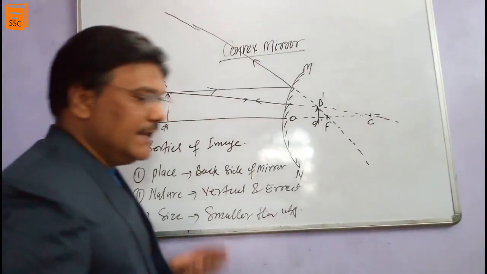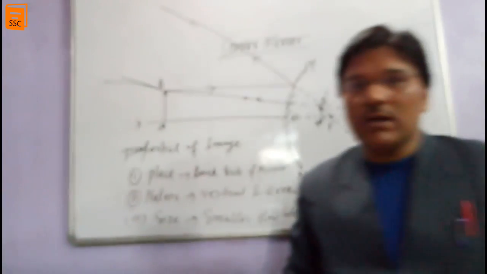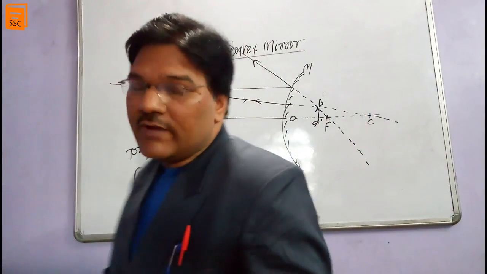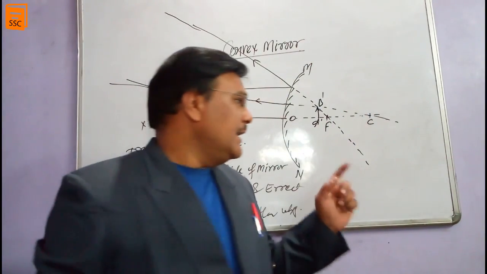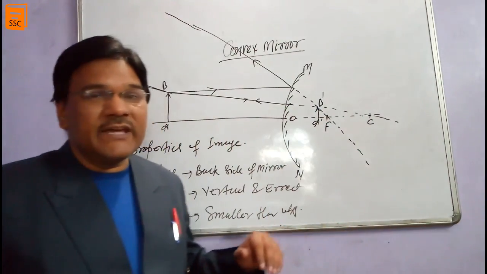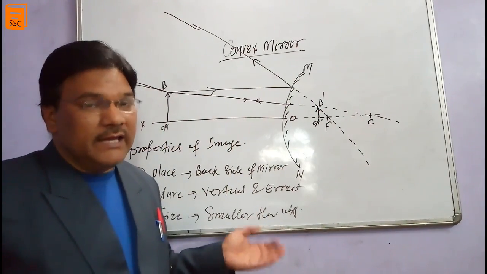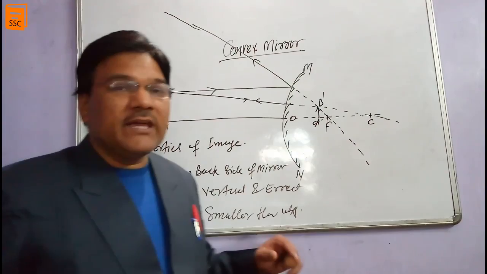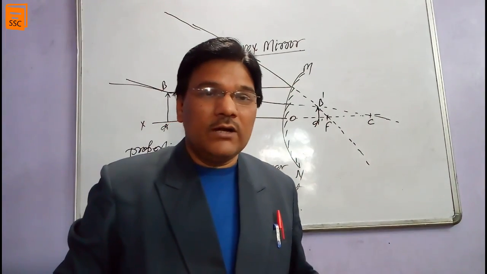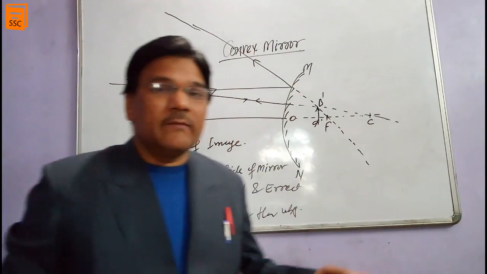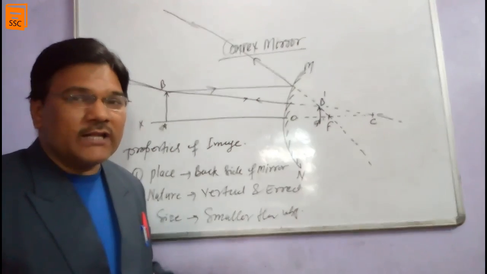Smaller than the object. It means that in a plane mirror the image is always equal to the object, so magnification is equal to 1. In a concave mirror, sometimes the image is larger than the object, in which case the magnification is more than 1; equal to the object, the magnification is 1; and smaller than the object, the magnification is less than 1.